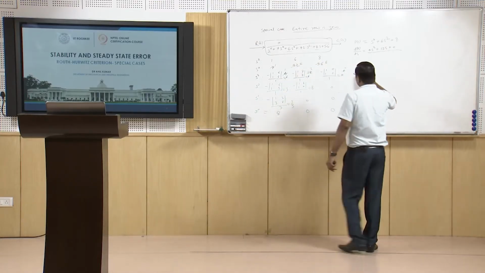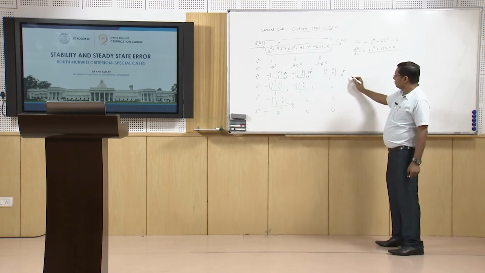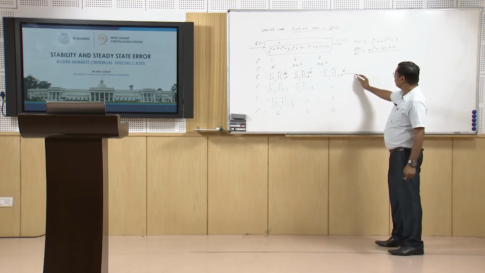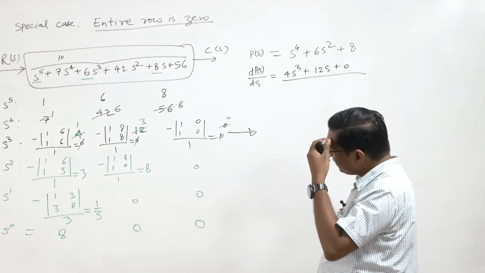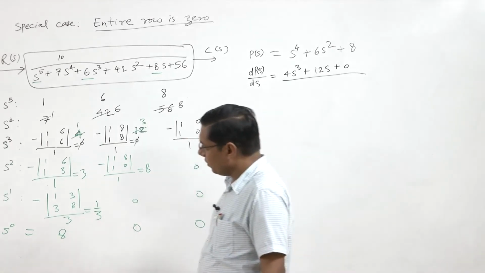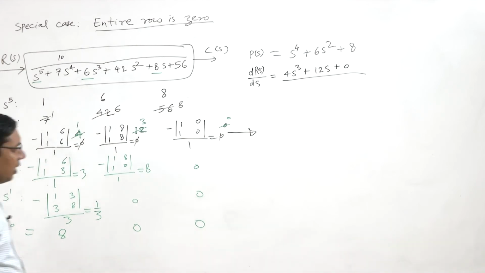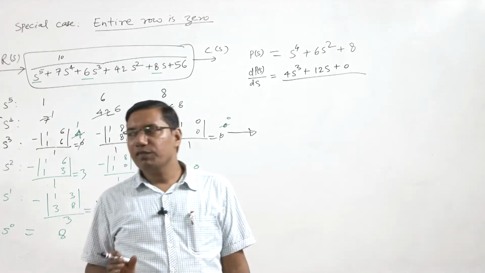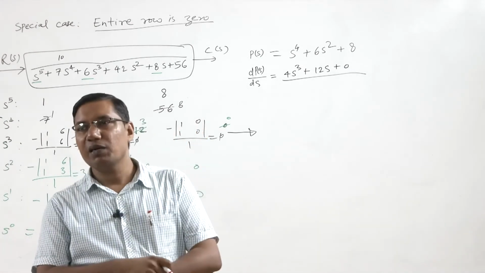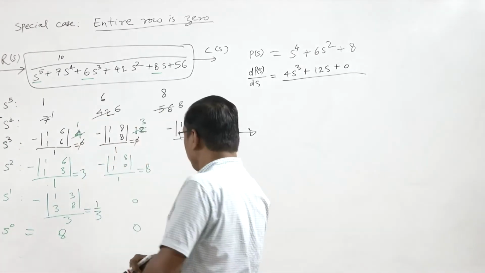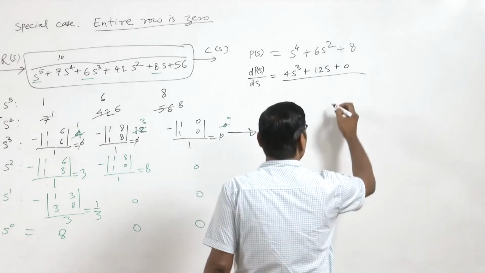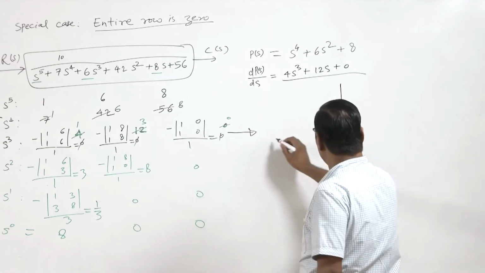So when there is a row of 0s, as it was here, it tells us that there is an even polynomial. The roots of the even polynomial are symmetrical about the origin. There can be several cases of symmetry.